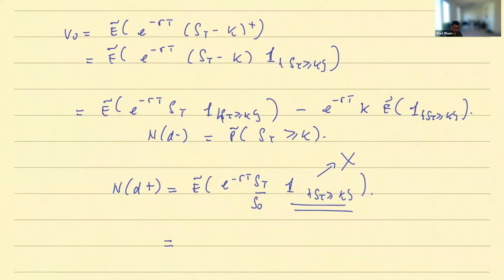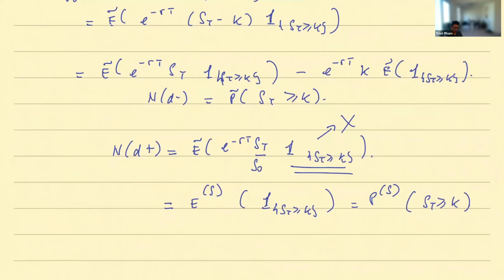So this is just the expectation of this, which is the probability that you end up in the money, but under the probability using the stock itself as numerator.